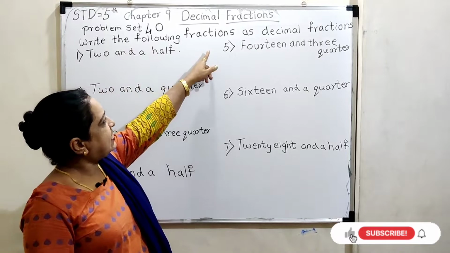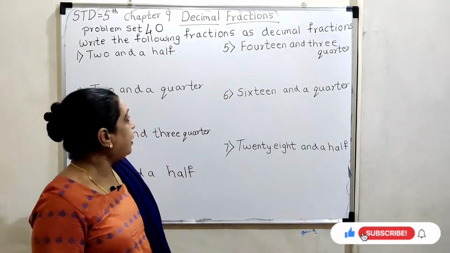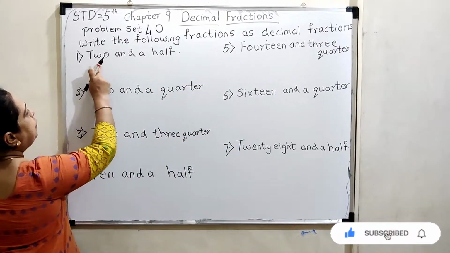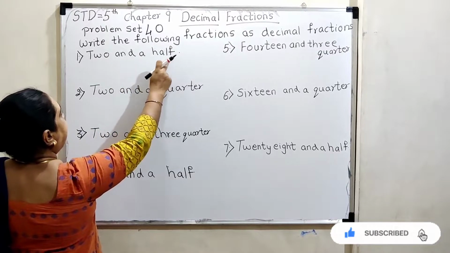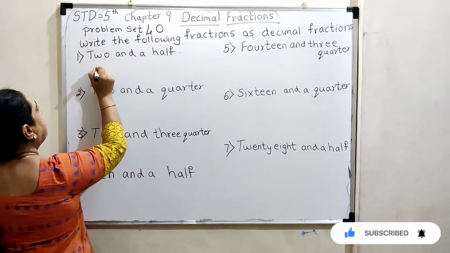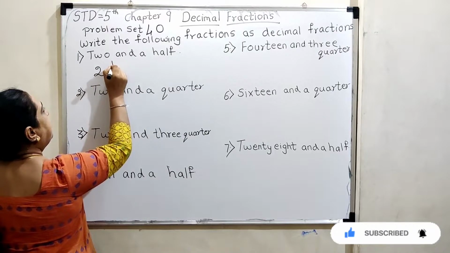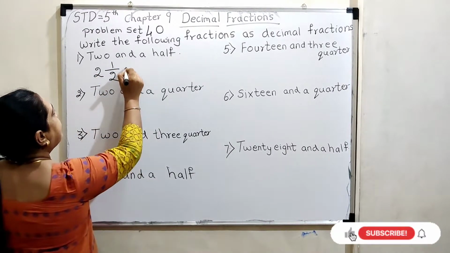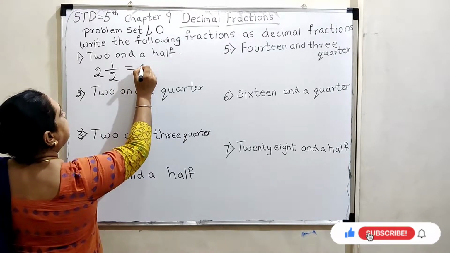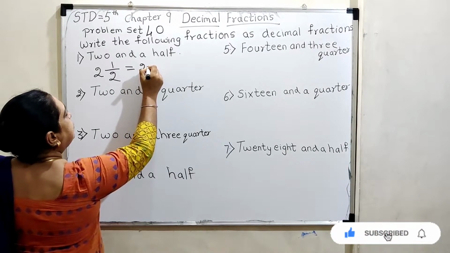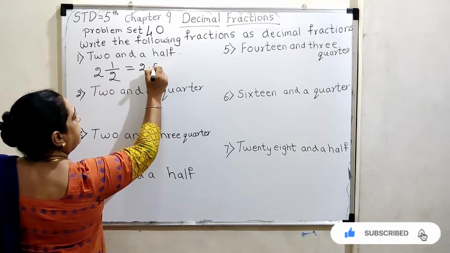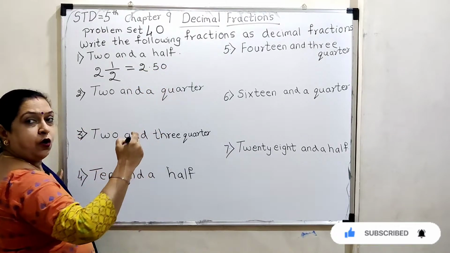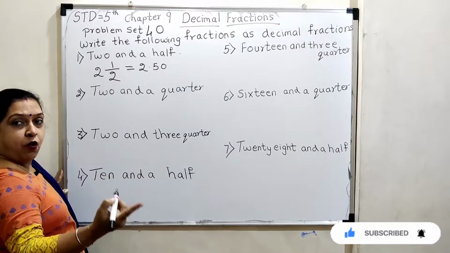Write the following fractions as decimal fractions. Sum number 1, 2 and a half. What do you mean by 2 and a half? How do we write this? 2.50 or we can write 2.5 also.